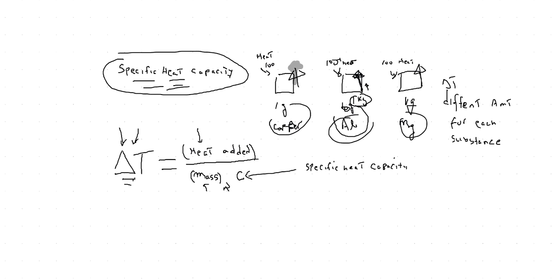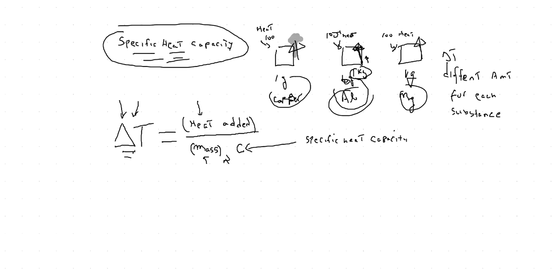The heat added, I'm going to call it Q. This is M. So our equation looks like this: delta T is equal to Q divided by MC.